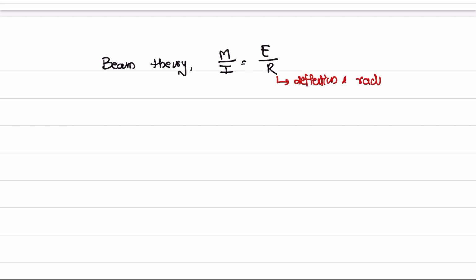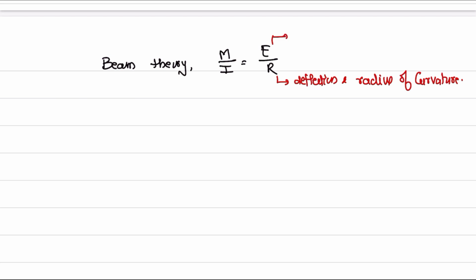Again, let me write it for clarity. This is a very important equation. As per beam theory, M by I is equal to E by R. Let us forget about sigma by Y. E by R is related to deflection and radius of curvature, which I have defined already in my previous lectures.